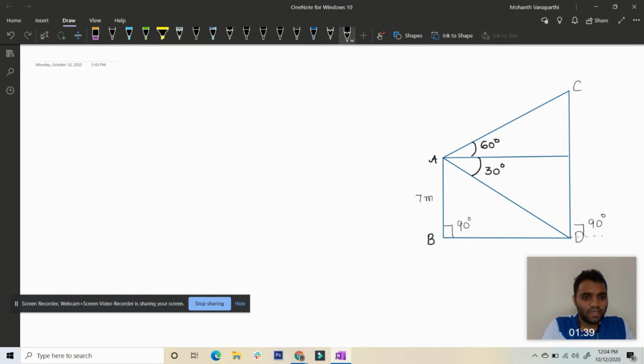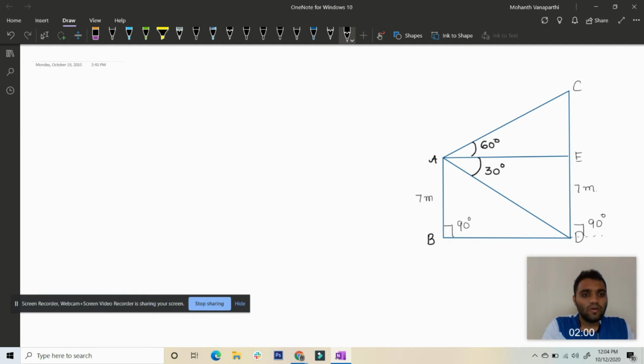So from here we can conclude that ABDE is a rectangle. In a rectangle, opposite sides are equal and parallel. So AB is 7 meters, and now DE also becomes 7 meters.